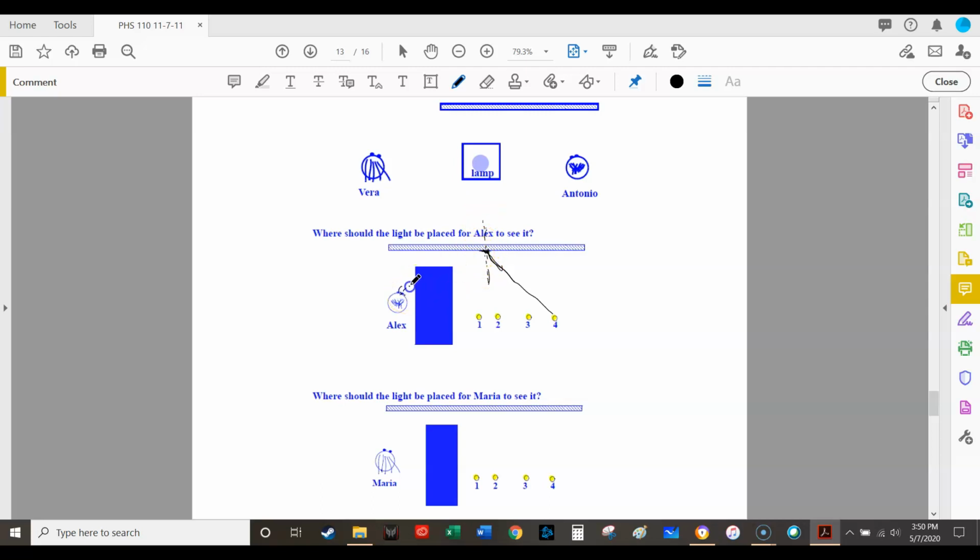And if you notice, if I drew that ray to Alex, the reflection ray, I think I actually have it off a little bit, so let's try erasing this. Try it again. It's kind of hard to eyeball this.